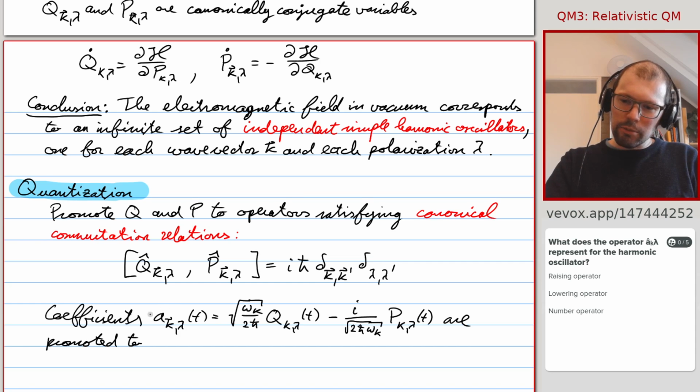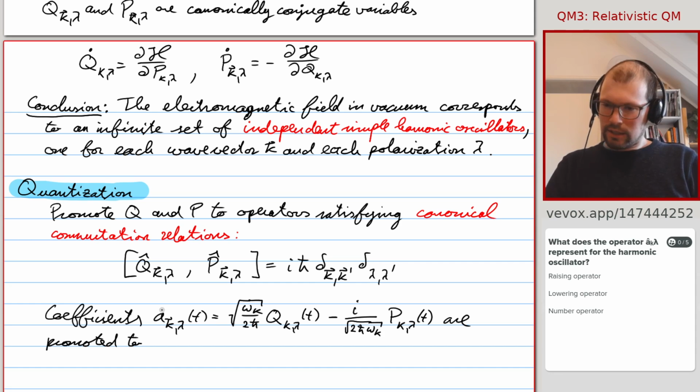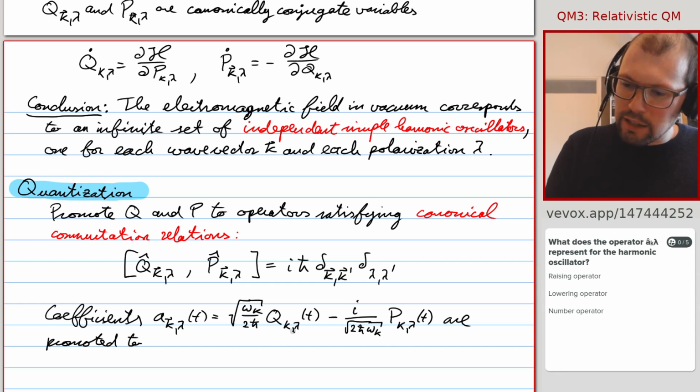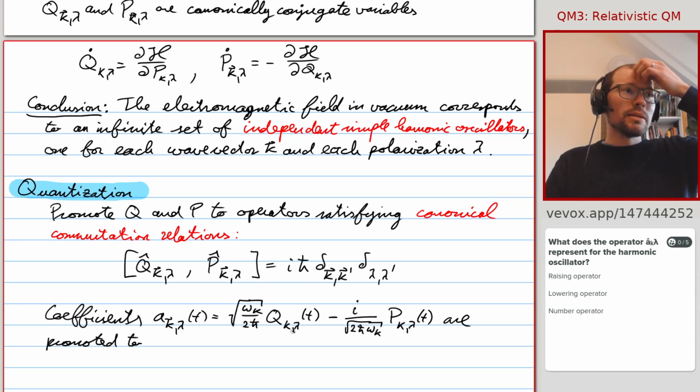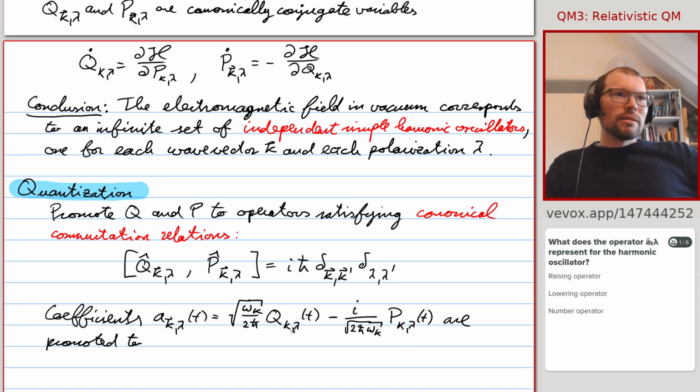So if I put a hat on this A, in terms of the hatted versions of Q and P, of course, in order to answer accurately, you should remember whether there is a minus or plus sign in front of the i usually, or you can base yourself on the suggestiveness of this notation, A_{k lambda}.